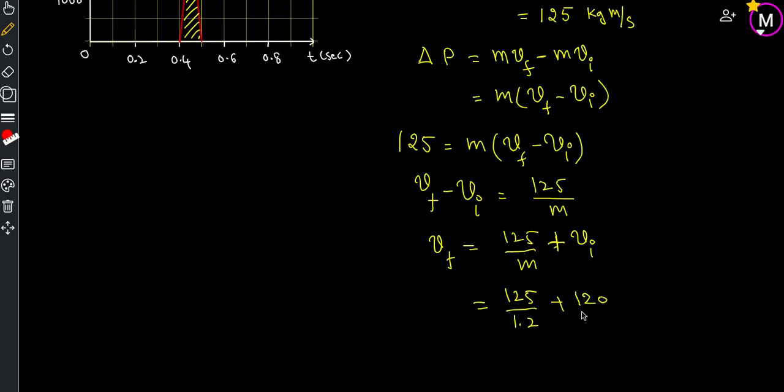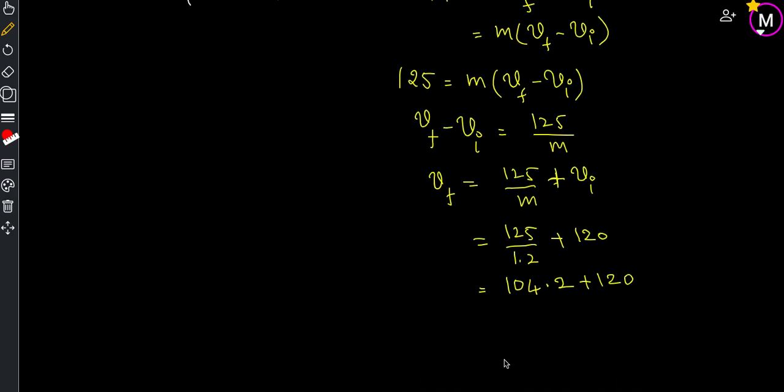Now if you calculate 125 by 1.2, you will get 104.2 approximately, right, plus 120. So this equals 224.2.